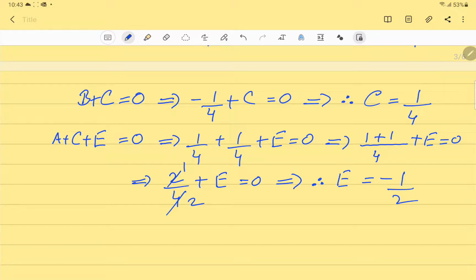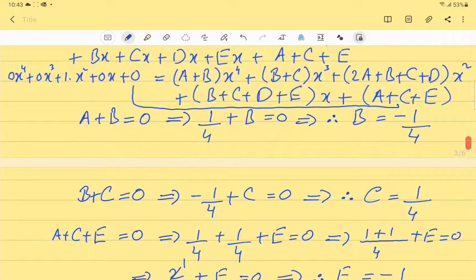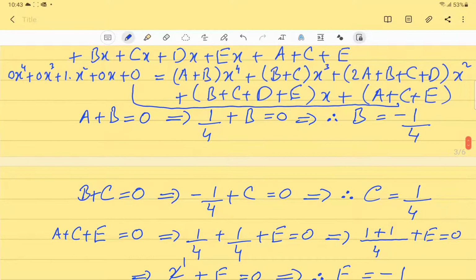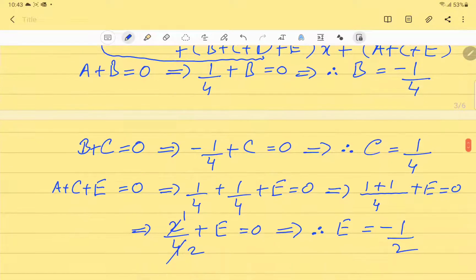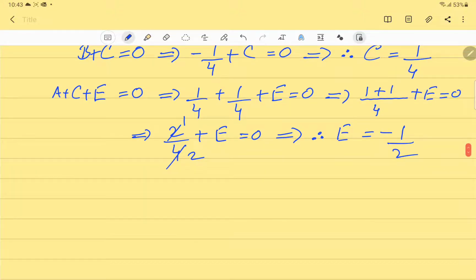Now we will compare the coefficients of x, which is this one. So b plus c plus d plus e is equal to 0.